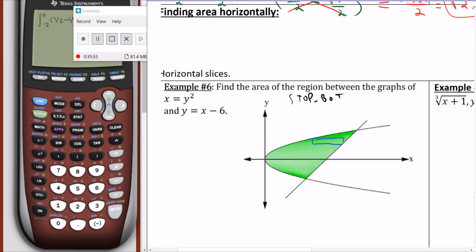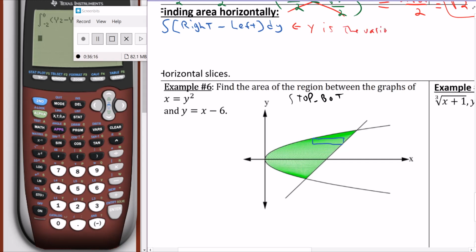Okay, so if I'm trying to find area horizontally, then instead of doing top minus bottom, I'm going to do right function minus left function. And I'm going to put a little dy here, which means that y is the variable, right?